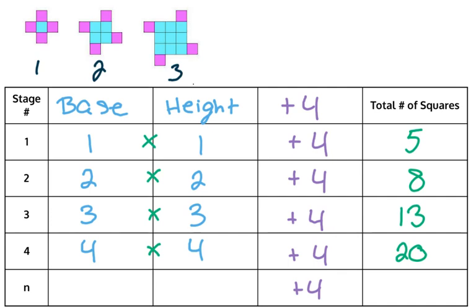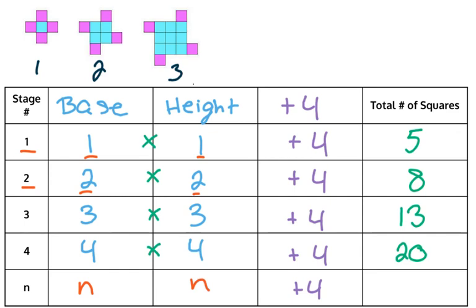By looking at this, I can see and identify that my base and my height are always the same number as my stage. In stage 1, my base is 1, my height is 1. In stage 2, my base is 2 and my height is 2, and the pattern continues. So for any term, we can say that the base is going to be equal to the stage number, and the height is also going to be equal to the stage number.